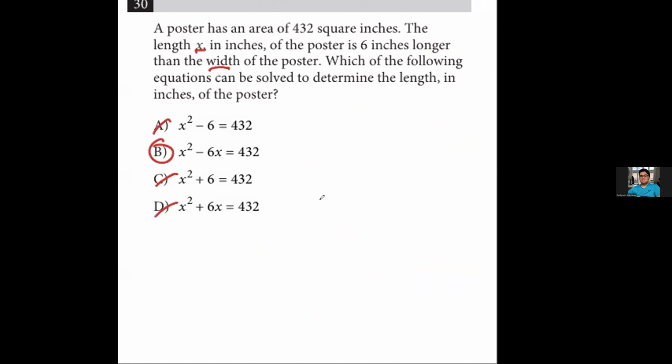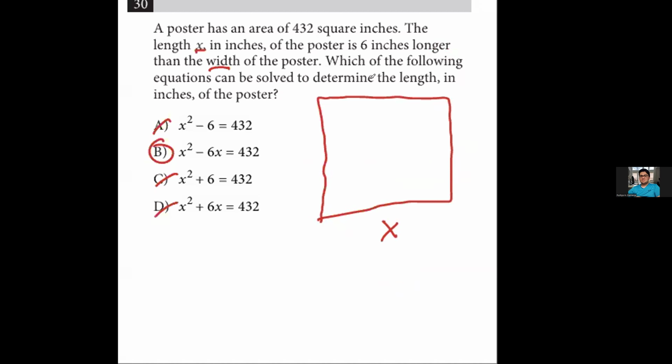So let's say we have a poster, okay? And the length is X. So this is X, this is the length. And the length of the poster is 6 inches longer than the width.